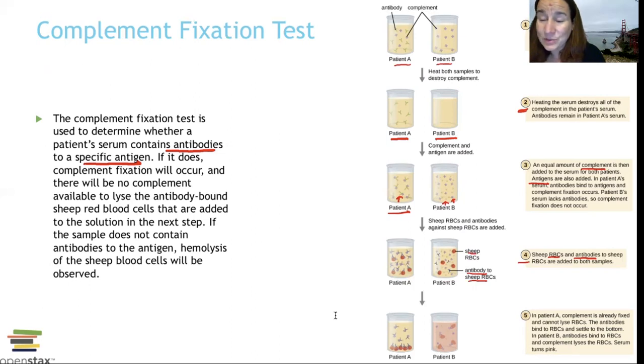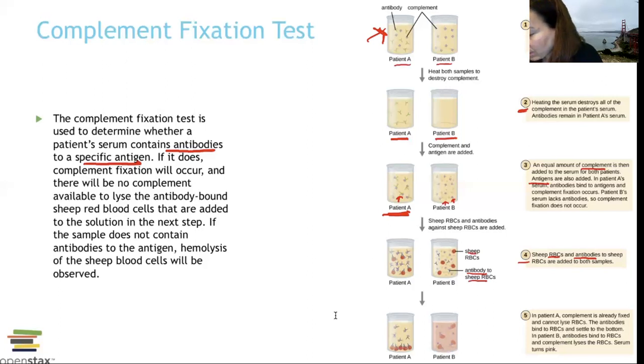Because the complement system was already busy with the previous antibodies that the patient always had since day 1. So the little green antibodies are taking up the complement system in step 3. Those complements stuck to patient A's antibodies. So when we added in other antibodies and the red blood cells, they hooked up, but they can't die. We can't activate the complement system because the complement system is busy at the moment.